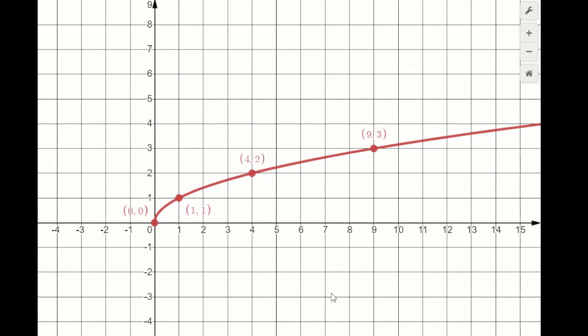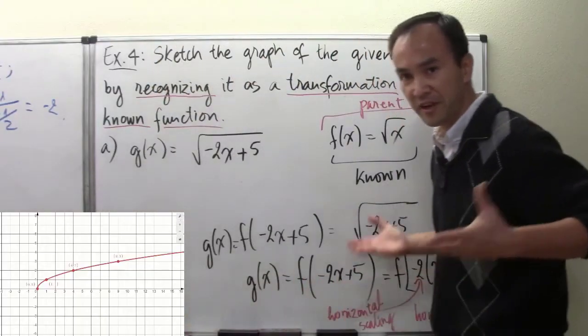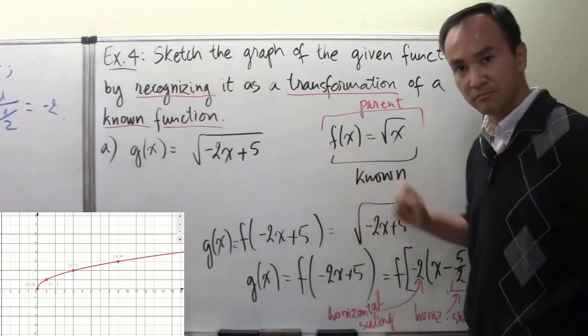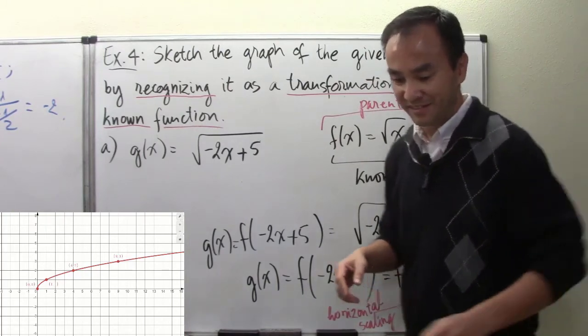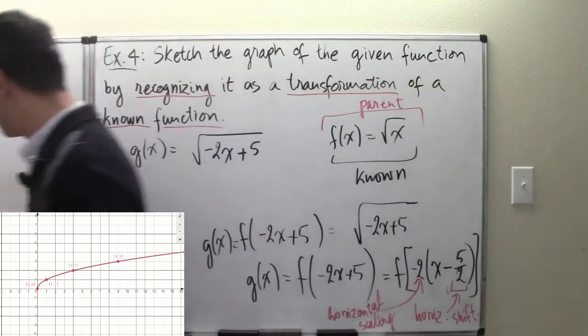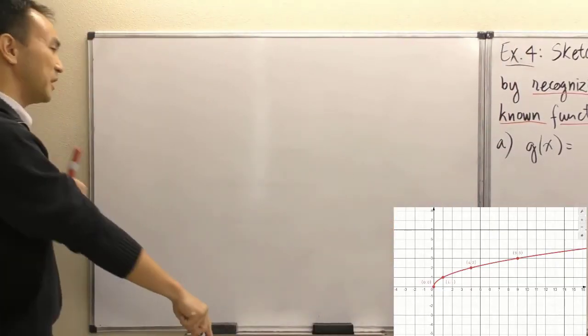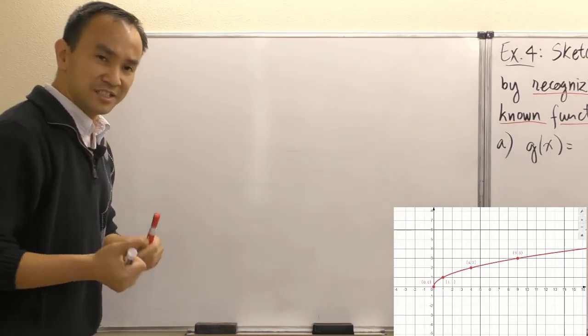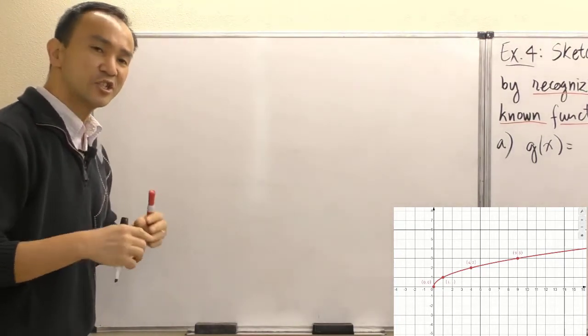This is the graph of the known square root function, quite famously known, and we've learned this from the toolkit functions. And so now on this board of mine, let's go ahead and sketch the function g of x as a transformation.